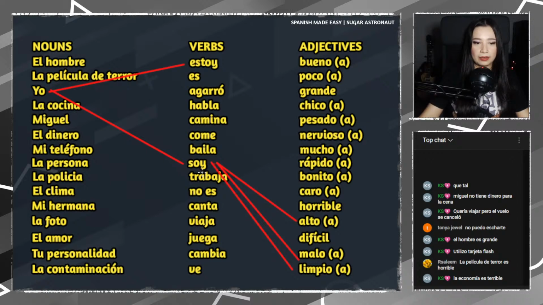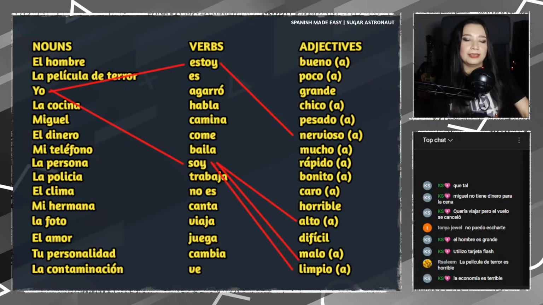What other adjective? If you want to use estoy, you could say yo estoy nervioso because that's temporary. You can't be nervous your entire life or a big chunk of your life. I mean, you could, but I don't think that's healthy. Usually when someone is nervous, it's just for a short-ish period of time, right?